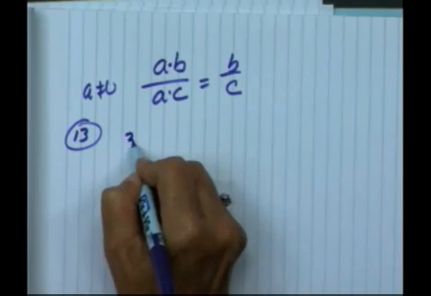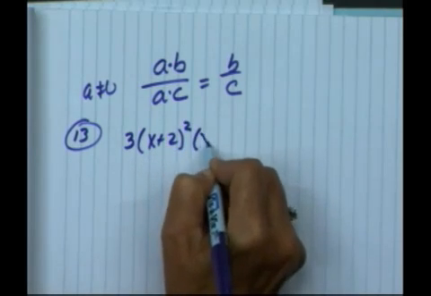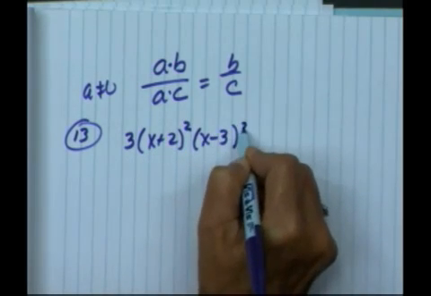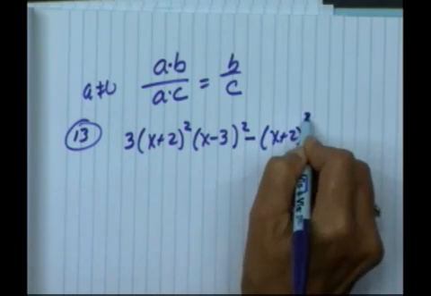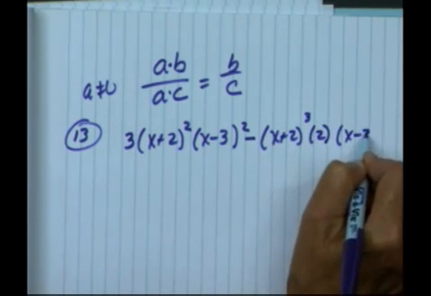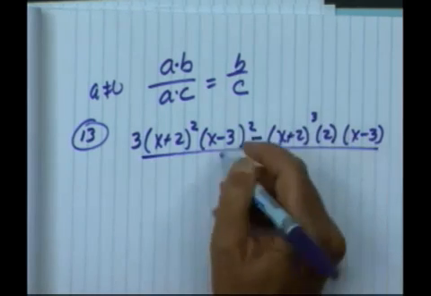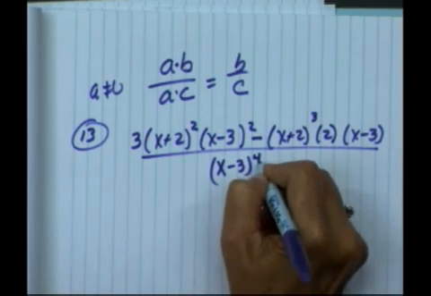We have 3 times (x plus 2) squared times (x minus 3) squared, minus (x plus 2) cubed times 2 times (x minus 3), all over (x minus 3) to the 4th.